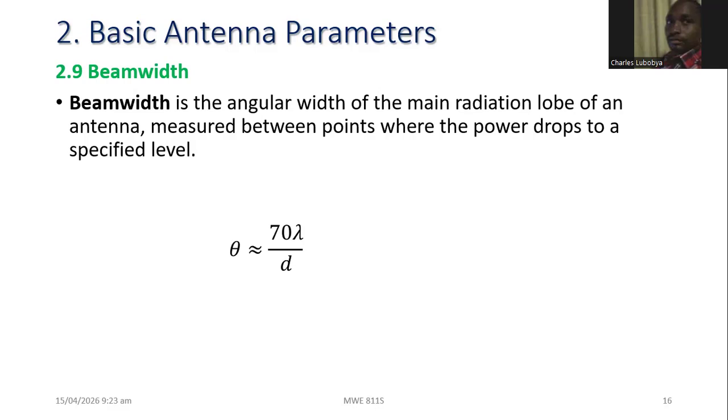And you can calculate that: it's 70 times the wavelength divided by the diameter.